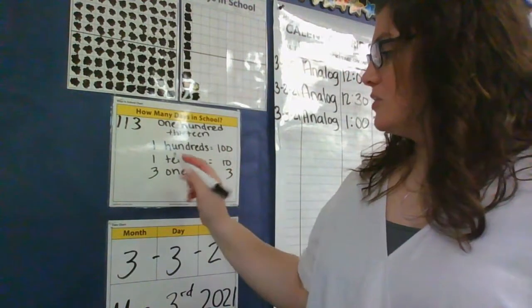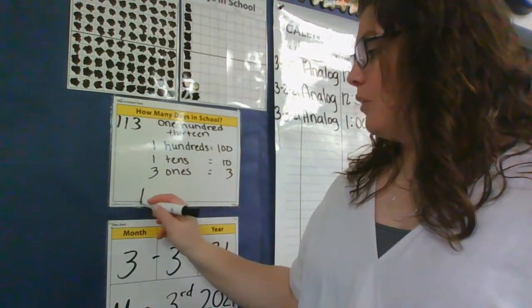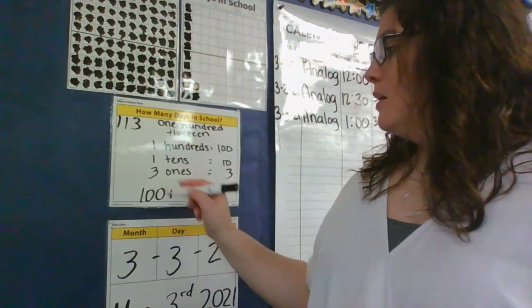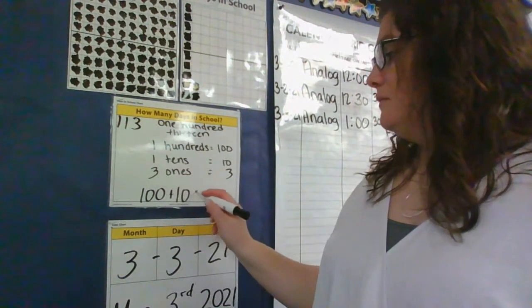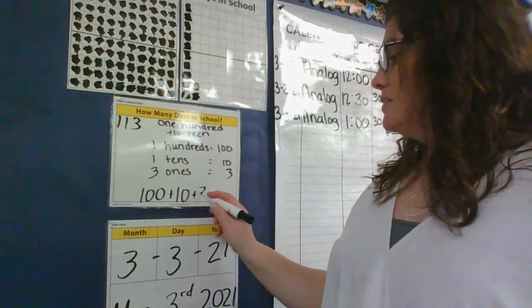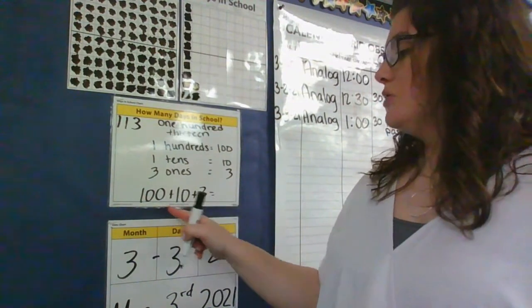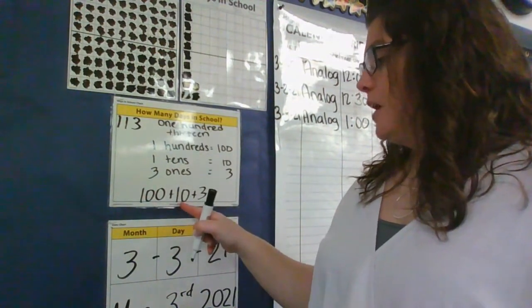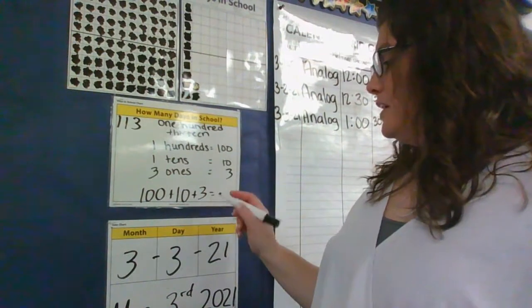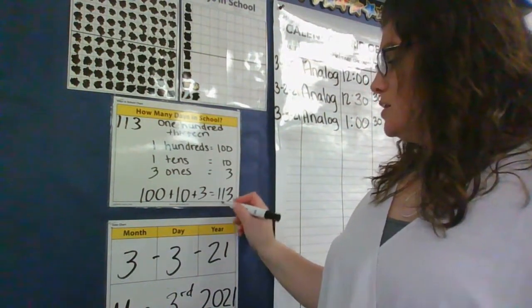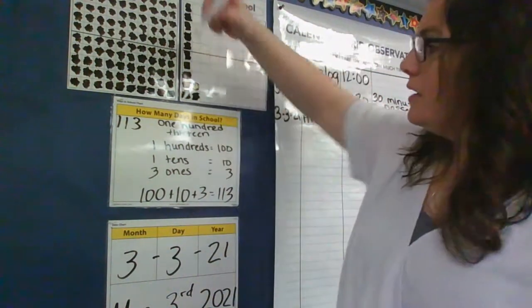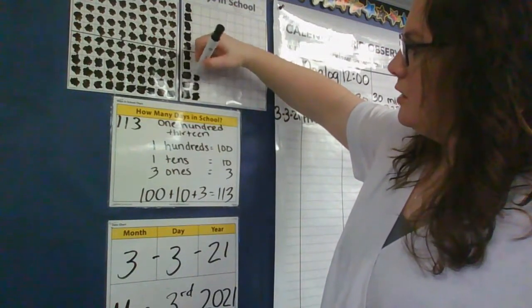So let's add this back together. Starting with our hundreds, we're going to take that 100 plus our tens, so plus 10, plus our ones, plus 3. So 100 plus 10 is 110. 110 plus 3 is 113.